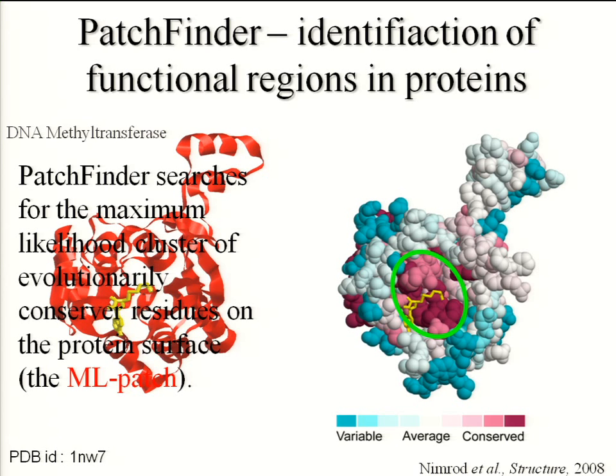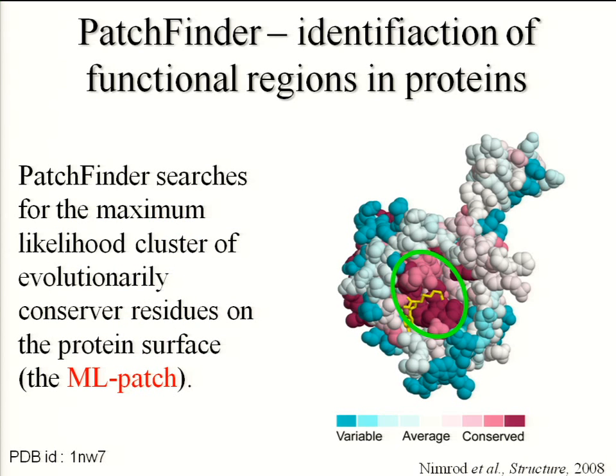So we detect the functional region and try to match it with a function, and this is done by going over all possible patches of amino acids that are conserved, and based on some maximum likelihood principle, we give confidence that this region is actually the interesting region of the protein.